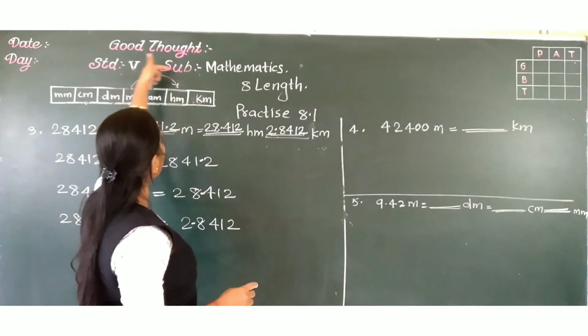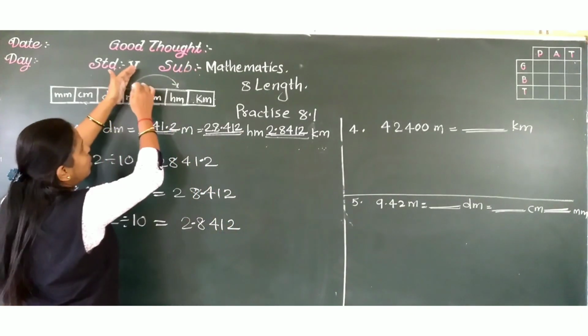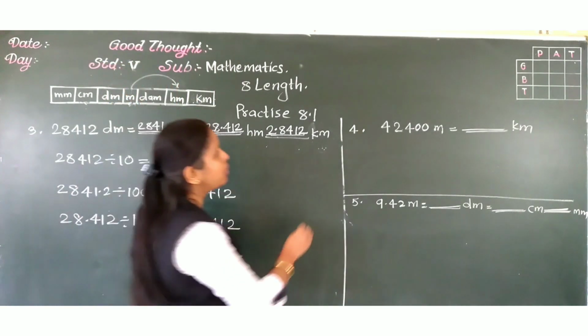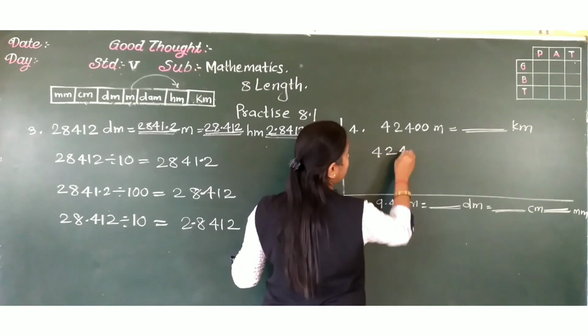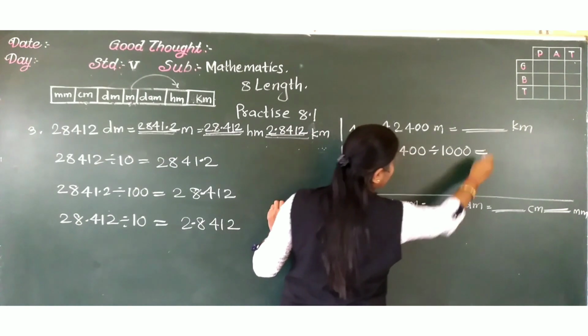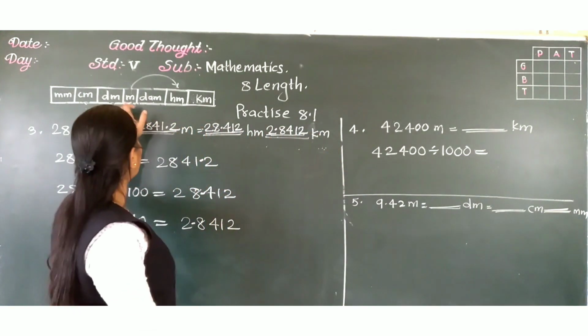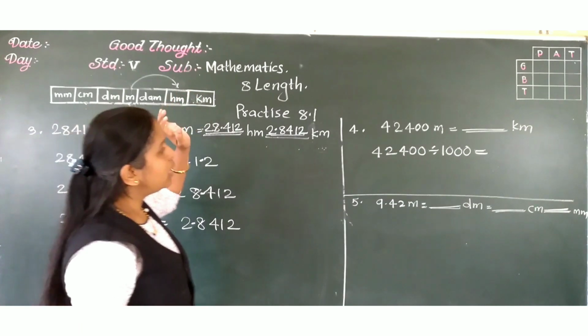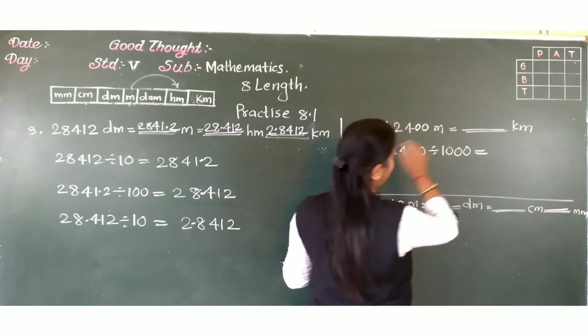Meter to kilometer, directly how many steps? 1, 2, 3 steps. That means divide by 1000.